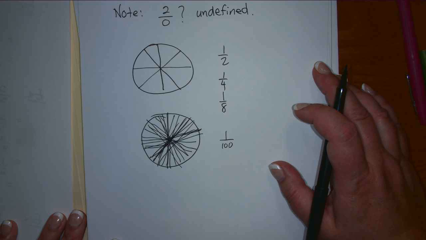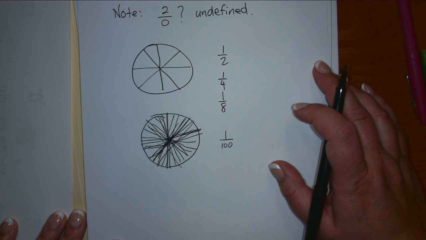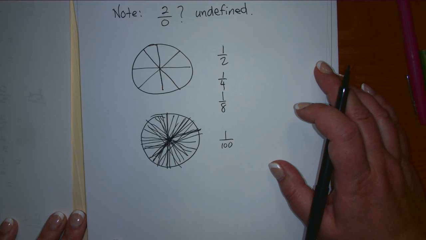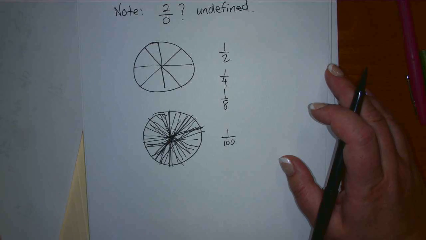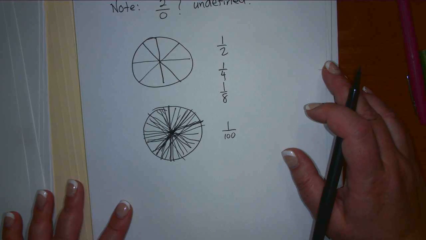What's going to end up to the pizza if you keep doing this? Yeah, it's going to be mush, right? Maybe someone would eat it with a spoon or something, but some of us would just say, no thanks, that doesn't look very yummy. It's mush.